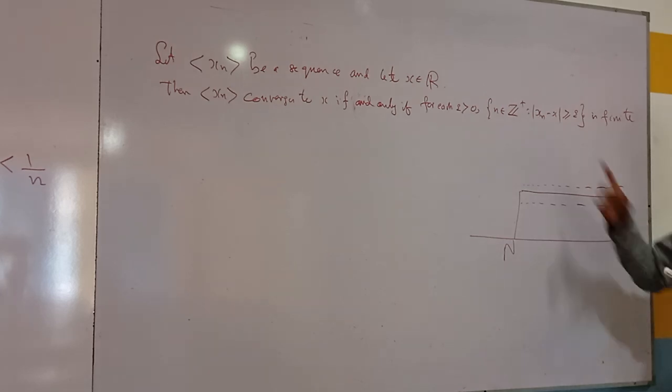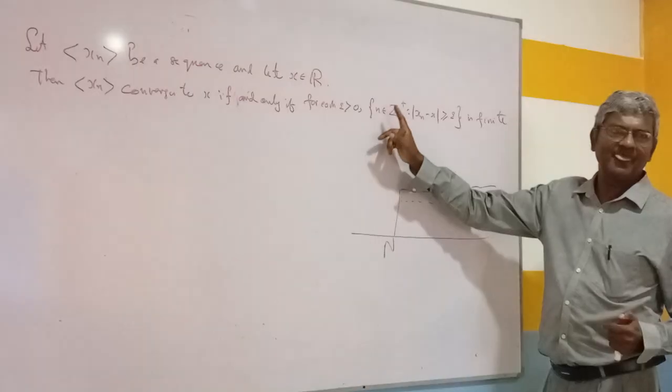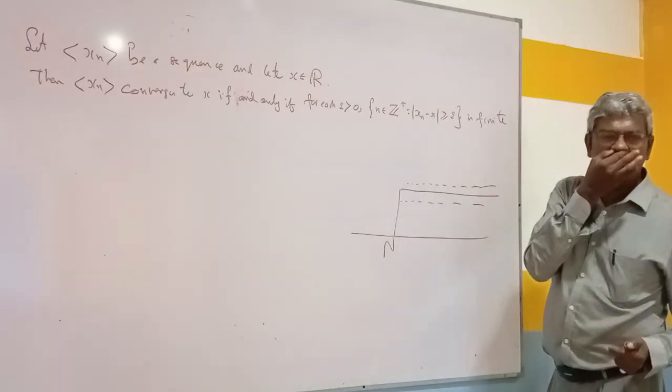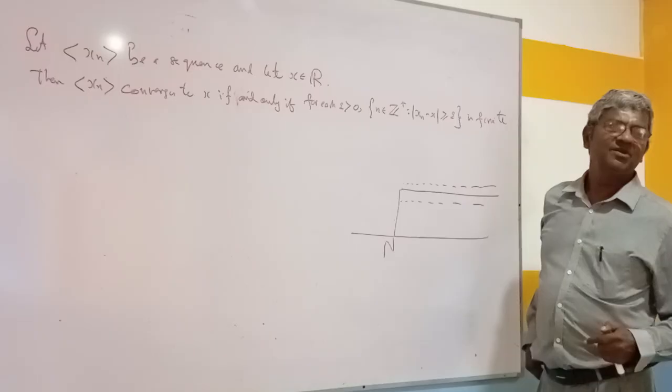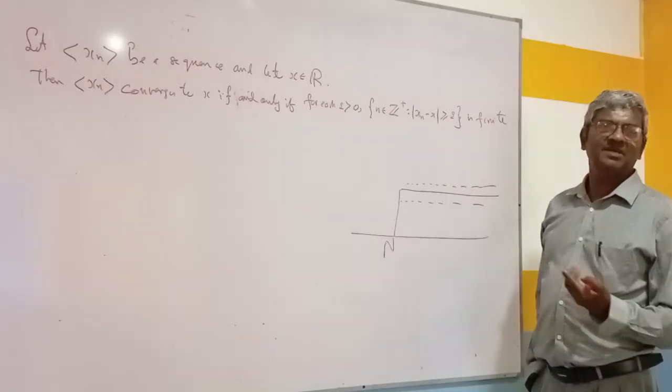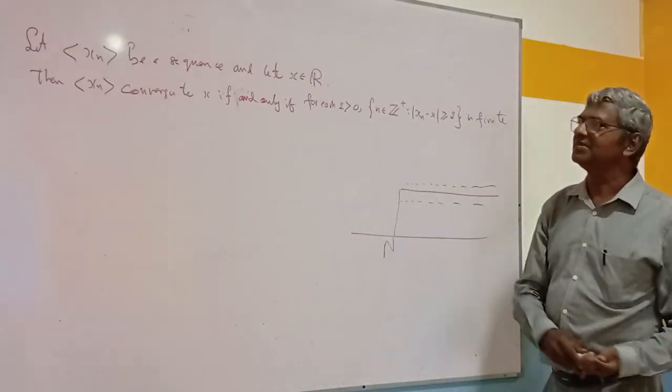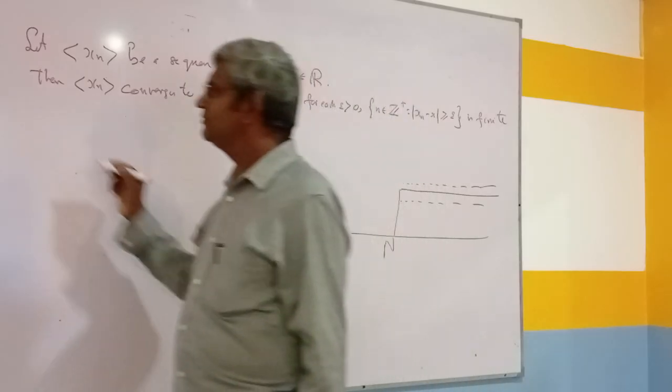So, next day when I come, I will ask, look, this is a very easy problem, but I want you to come with the solution, the proof. I will not write it here.